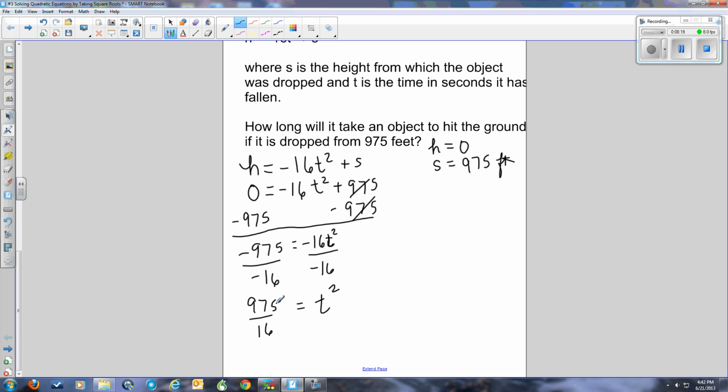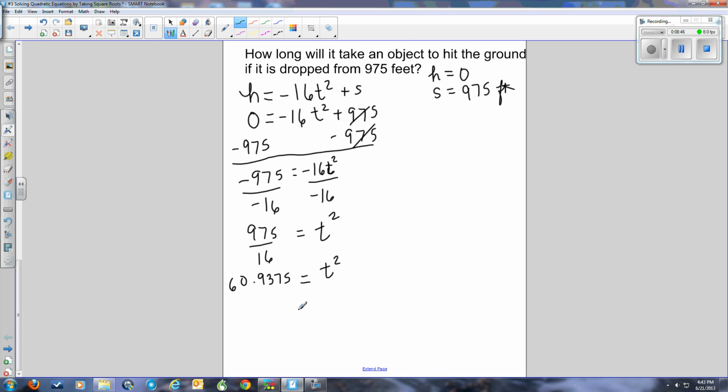And if we divide that out, I'm not going to keep this in radical form, because if you're asking how many seconds it's going to take or how long, you probably want it more as a decimal, something that'll make a little more sense to you. So 975 divided by 16 gives you 60.9375 is equal to t squared.